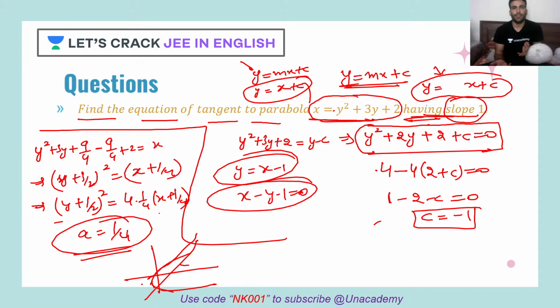Using the standard form, you can write your straight line's equation, find the condition, and find the constant value. This is another way to solve, but instead of converting this into a standard form and then solving it, why waste time? I hope it's clear with you guys.